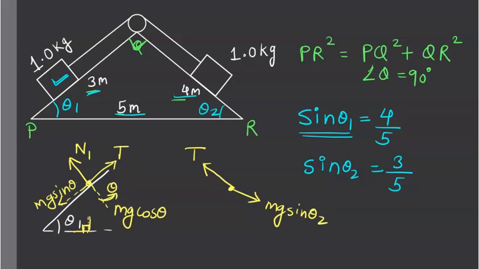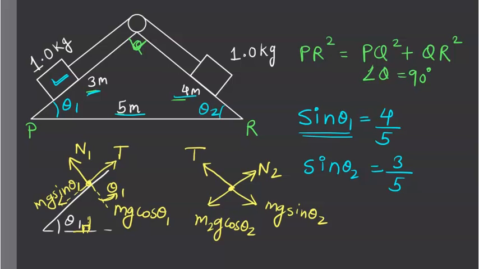Sorry, the earlier one is theta 1, I didn't mention it. And this is theta 2. There will be normal N2, and there will be m2g cos theta 2. So it is symmetric, you can see that.